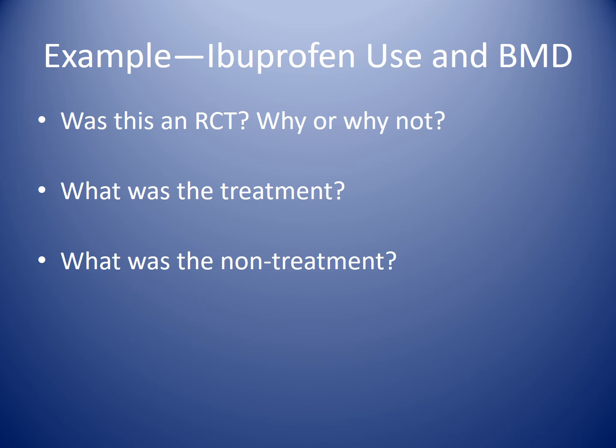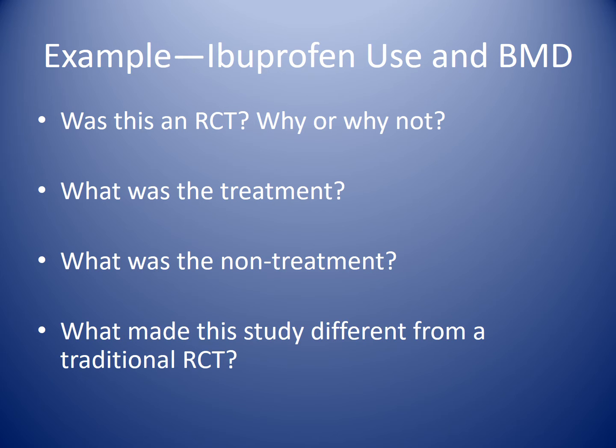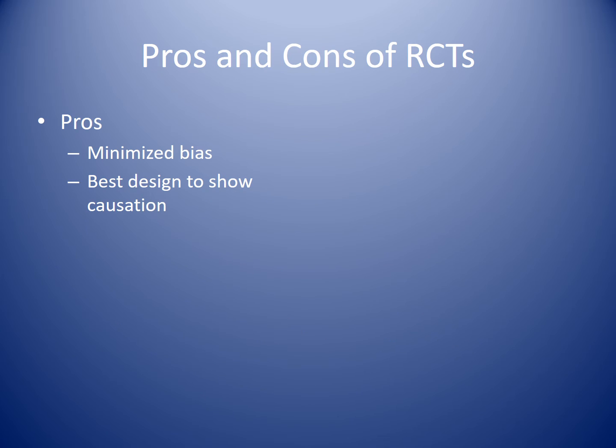The non-treatment was the true both placebos. But this is a little bit different from a traditional randomized control trial because all of the participants, whether or not they were getting the true treatment, had to do the resistance training. So there was almost a second treatment, but everybody did it. They had to do the resistance training, and then they either took the placebo or the ibuprofen.